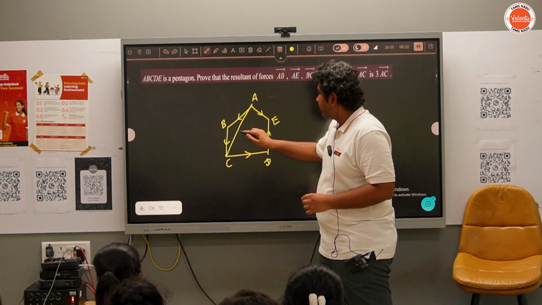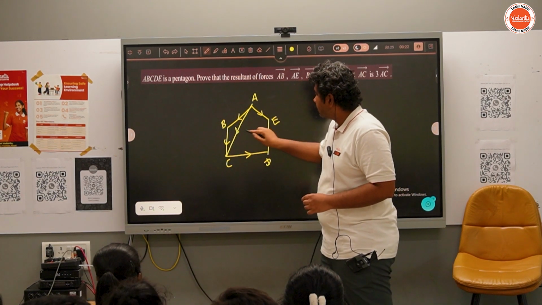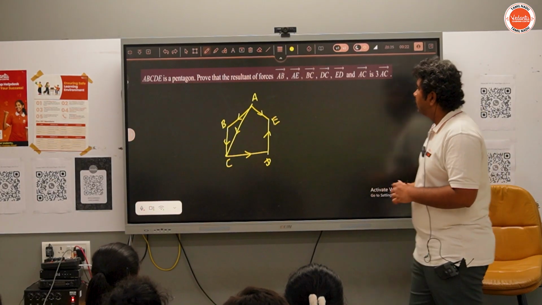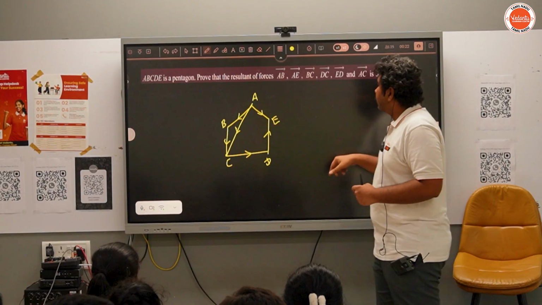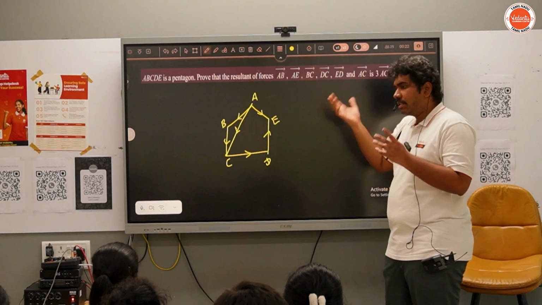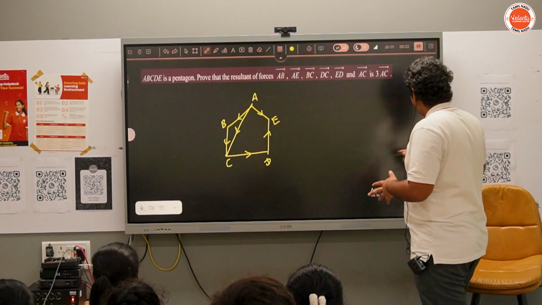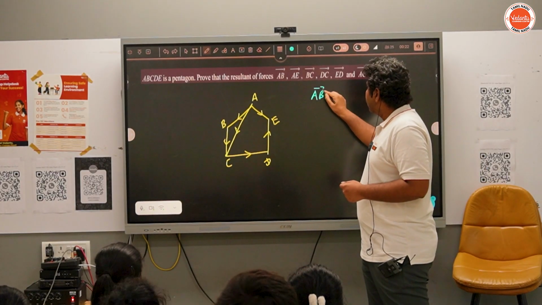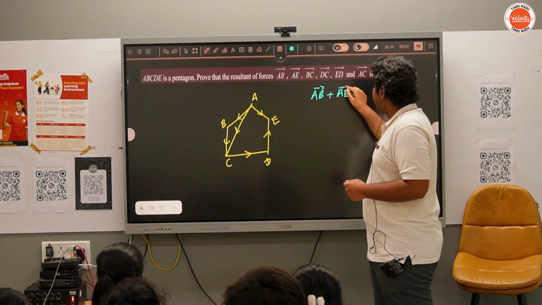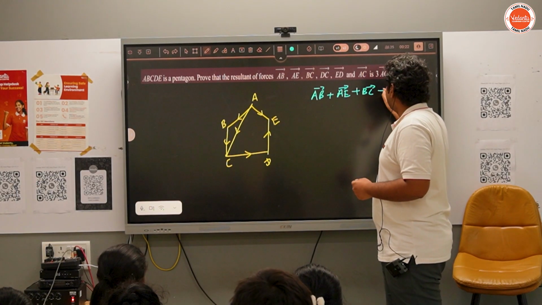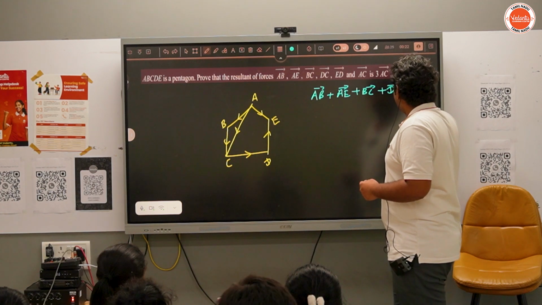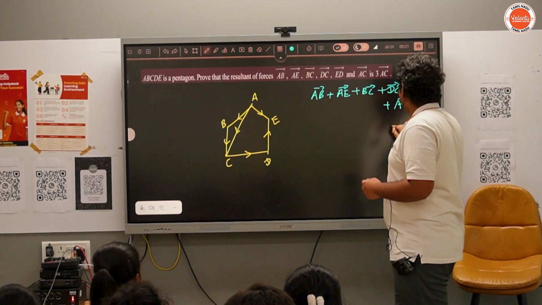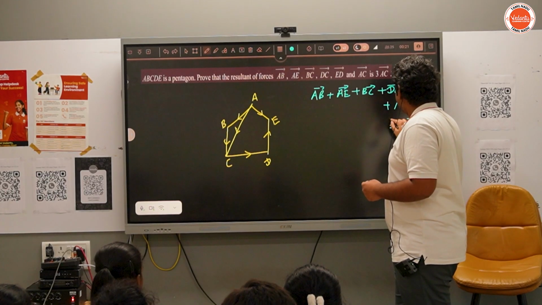So we have AC vector over here. They are asking you to prove that the resultant of these forces, that is the addition, so we just have to prove AB vector plus AE vector plus BC vector plus DC vector plus ED vector plus AC vector equals 3 times AC vector. So we need to prove this.